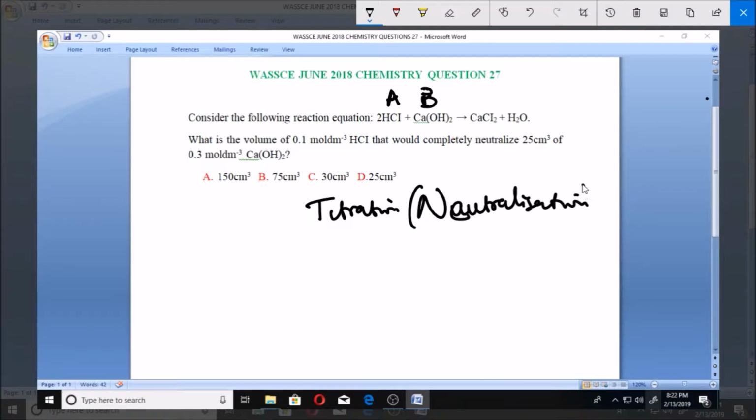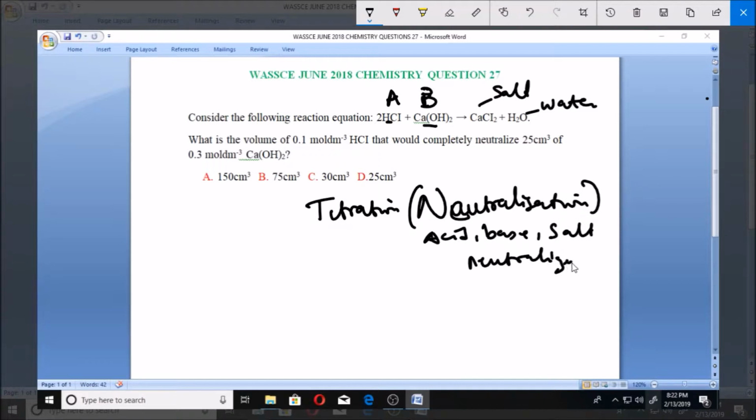And neutralization can be found in our normal textbooks under acids, bases and salts. Because this is typically an acid-base reaction: HCl, the acid, reacts with calcium hydroxide, the base, to form calcium chloride, which is a salt, and water. So this type of reaction is known as a neutralization reaction, and that is what actually took place.